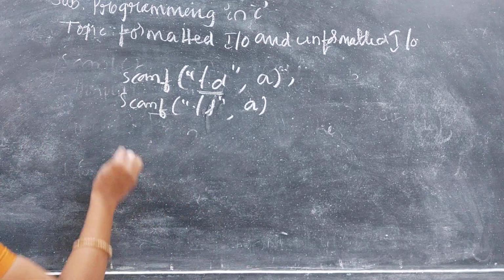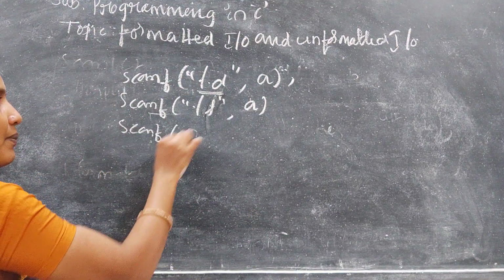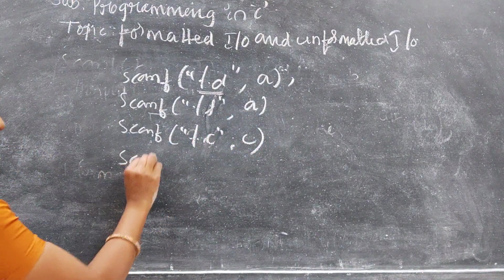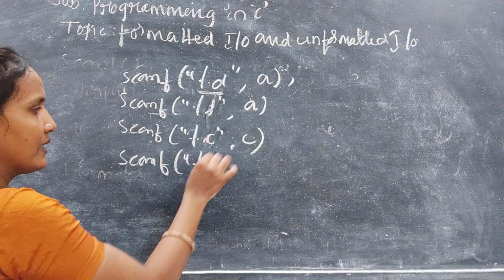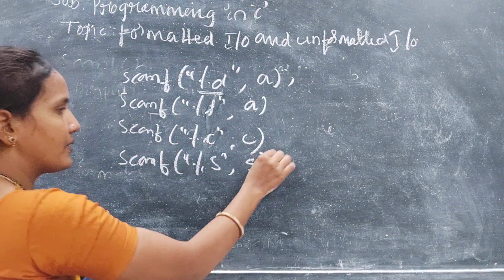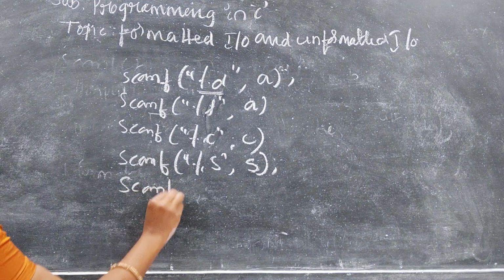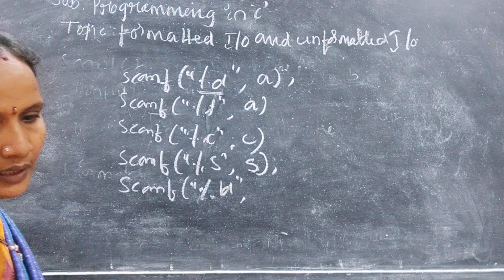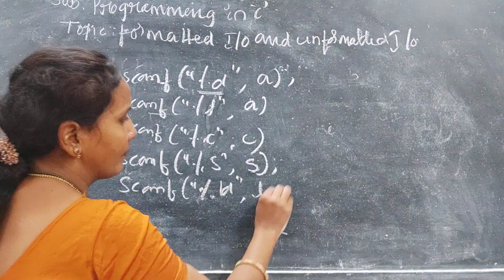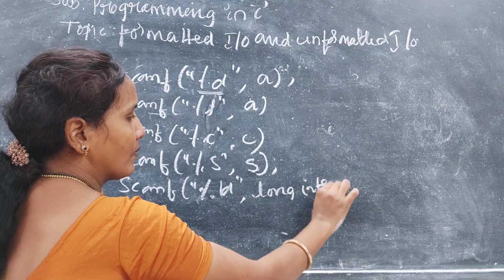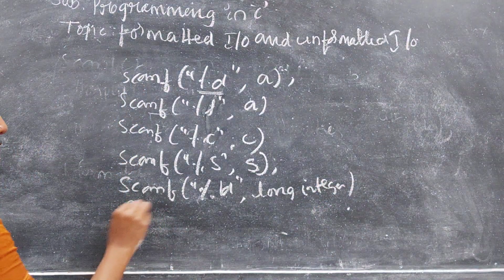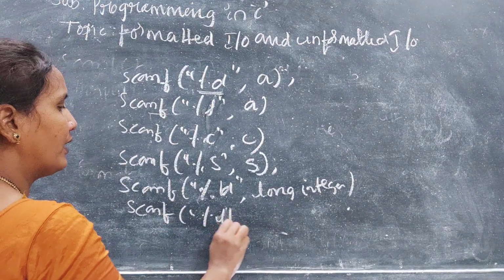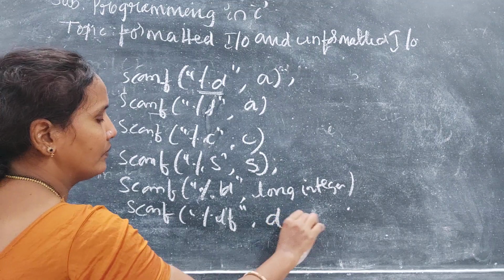Okay, the next one is scanf %c for character. Next, scanf %s for string. And scanf %ld for long integer. And next %lf for a double.